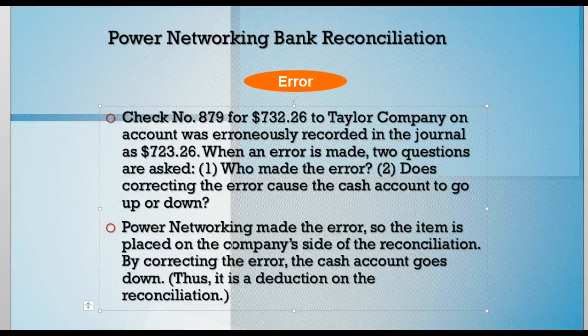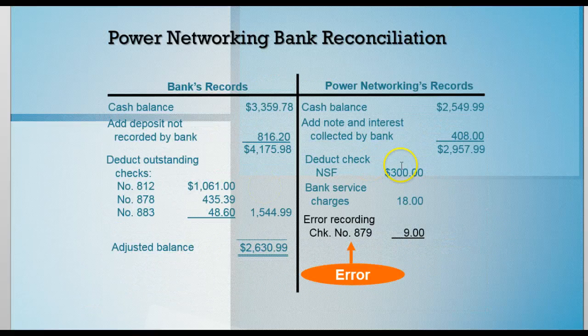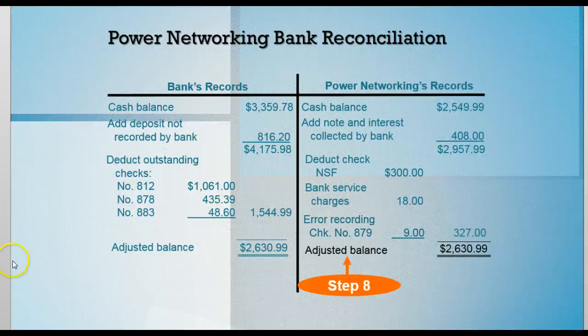And they made the error. So let's go see how we fix that. So here's an error, and we've corrected it for $9. That means I believe we're going to have to deduct that $9 because we didn't put enough in or take enough out for that check. So let's see what we have now.